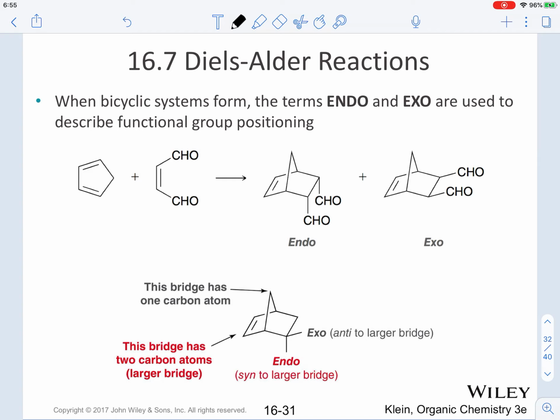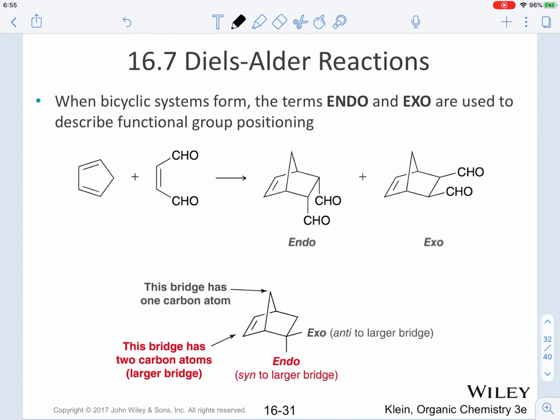Okay, so if we look at the molecule at the bottom, which is the product for the following bicyclic reaction, remember, we have a bridge in which we have that single carbon pointing at the top of the molecule, okay? That is being pointed at by the gray words.